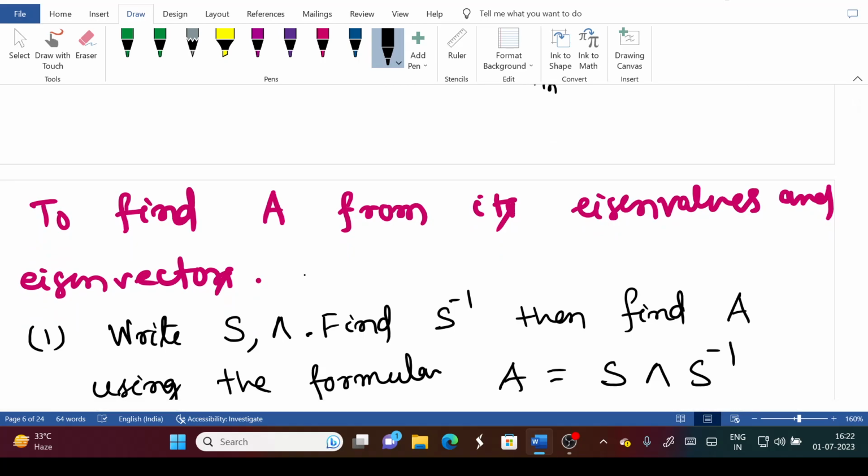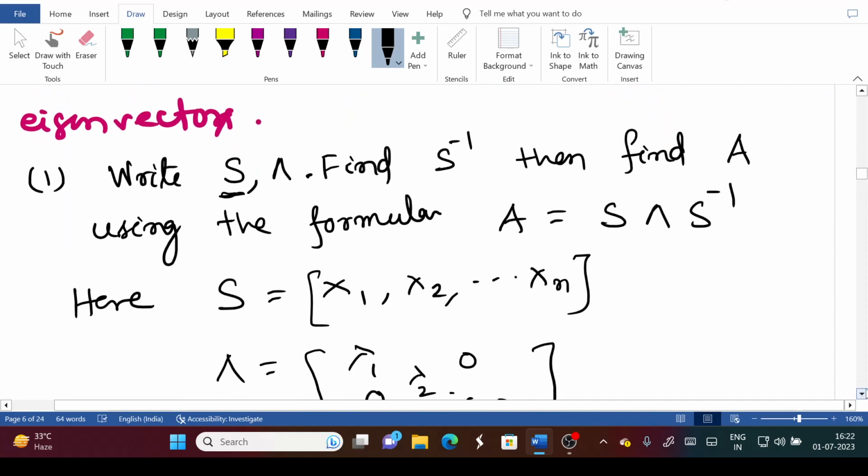Now, how to find a given matrix A from its eigenvalues and eigenvectors? From the given eigenvectors, make the columns of a matrix, and we form the matrix S. From S, we find S inverse.